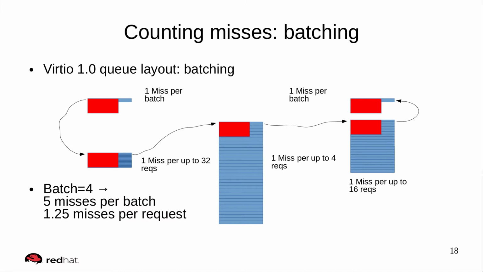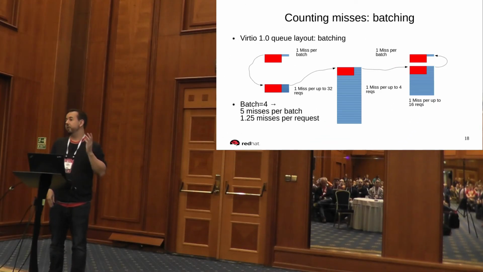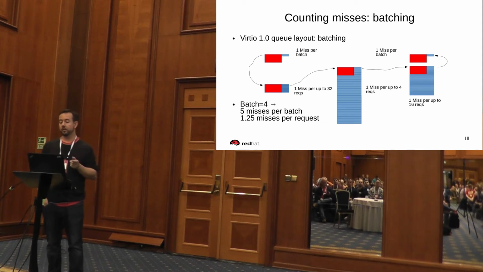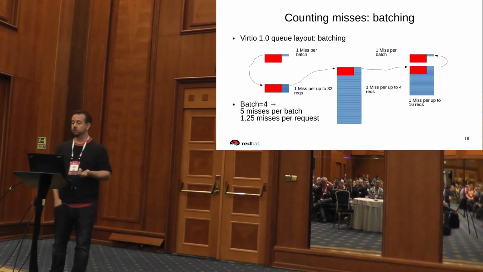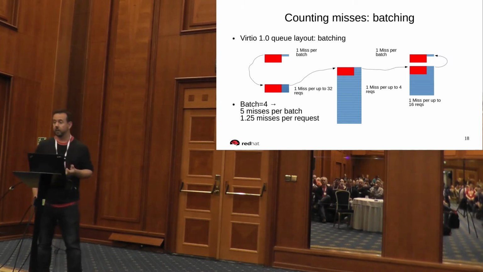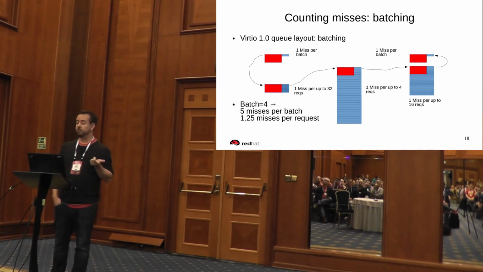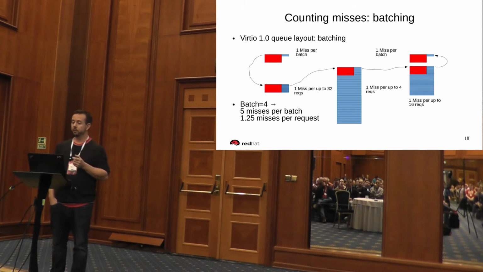Sometimes the driver will be able to submit a batch of multiple requests at once. With this batching, the per buffer overhead is lower, as multiple buffers fit in a single cache line. With batch size set to 4, for example, a single 64-byte cache line holds 4 entries of each kind. So that gives us 5 misses per 4 buffers.